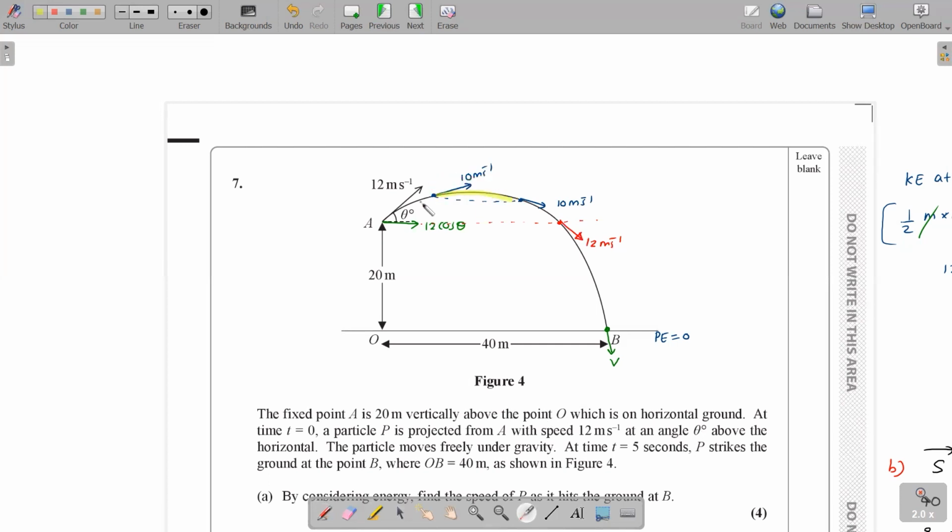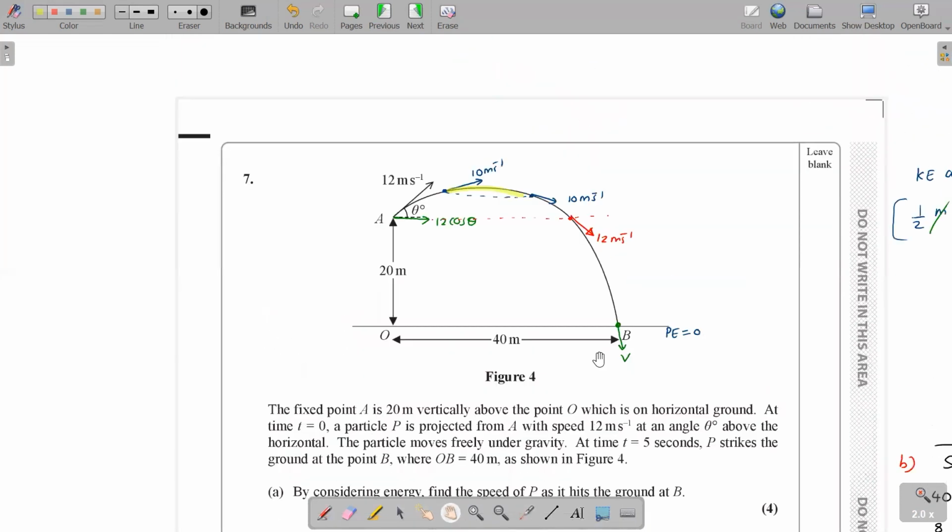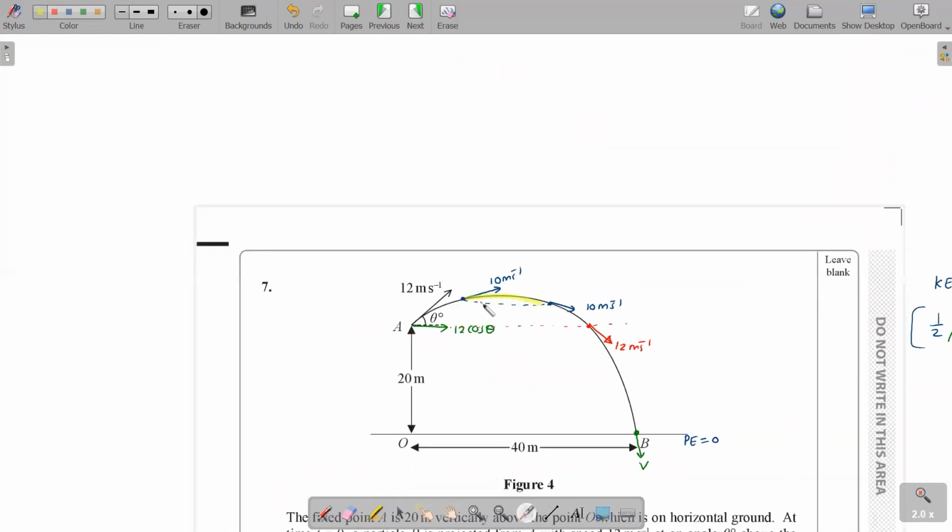The whole thing is 5 seconds. So if you find this particular time duration and remove it from the entire duration, the rest is traveling at a speed more than 10. Are you with me? This yellow duration is the only one where the speed is less than 10. Do you agree with me?